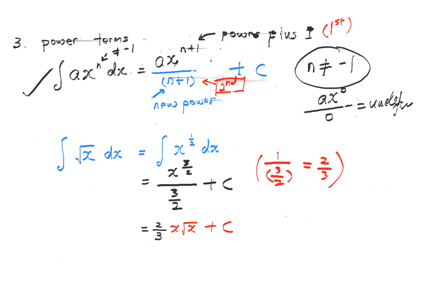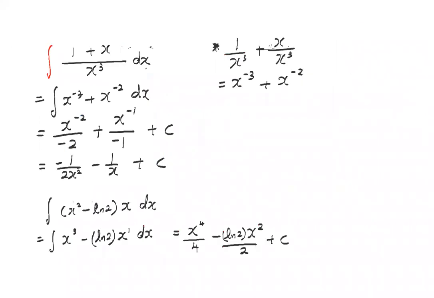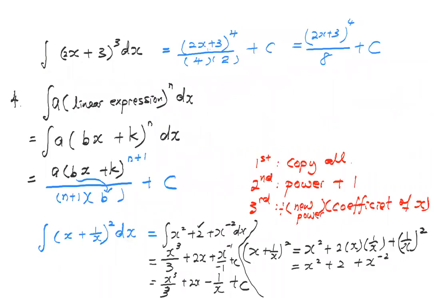Are you clear? So anything power negative 1, you cannot apply. And also, can you please go to the fourth rule? Where is my fourth rule? Here, there is the fourth rule. Can you please add in? This case also the same. n cannot be negative 1. Please put that down.